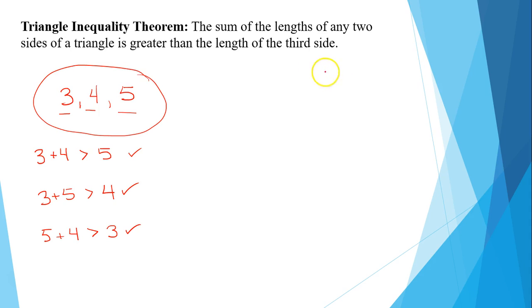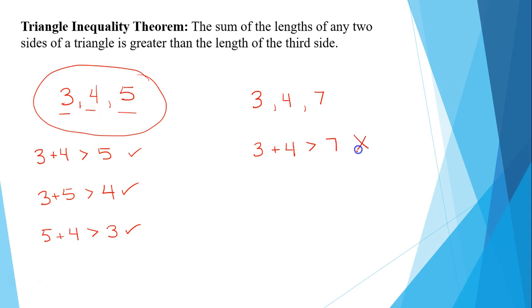Now let's look at one that is not going to be a triangle. So we can say, let's do 3, 4, and 7. So let's look at this. 3 plus 4 needs to be greater than 7. Well, 3 plus 4 actually is 7, and it's not greater than 7, it's equal to 7.